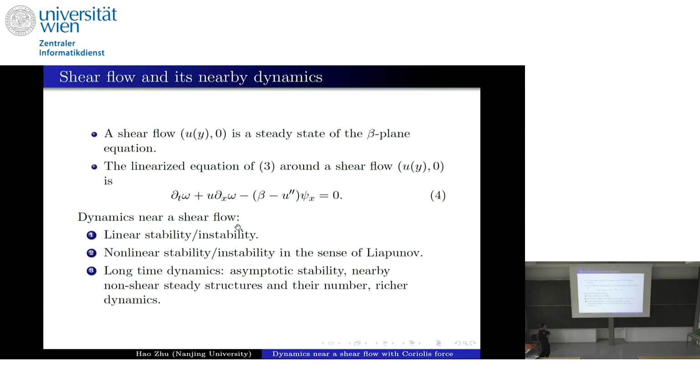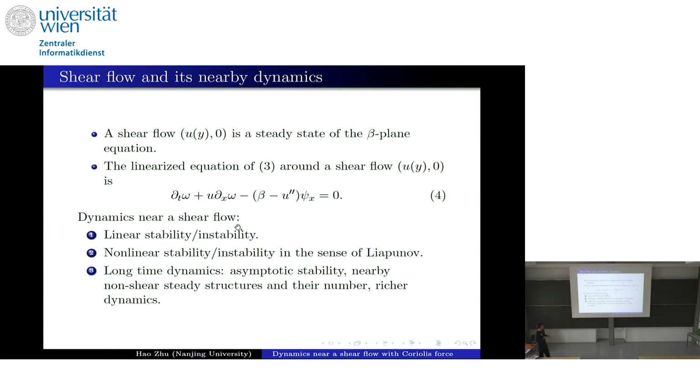If we first consider the shear flow, there is a family of shear flows near the given shear flow, right? And if there are other non-shear states, then the long-term dynamics may be complex, because the initial data is near the shear flow.